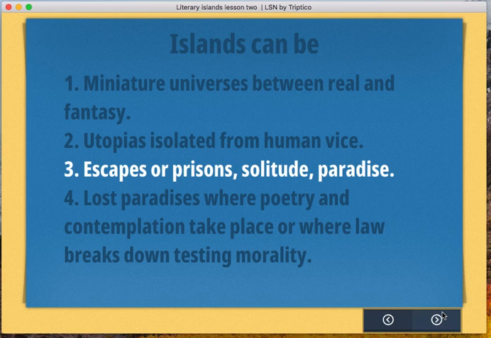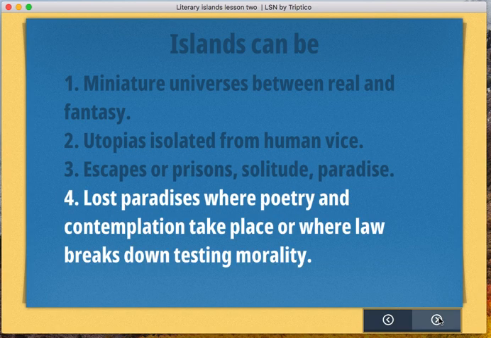Okay, so there's certainly evidence there that you can agree with elements of statements 2, 3 and 4 as well. The suggestion of utopias and paradises is clearly there, but also if you move on to statement 4, this idea that it has now become a lost paradise, but not necessarily a lost paradise where poetry and contemplation take place.